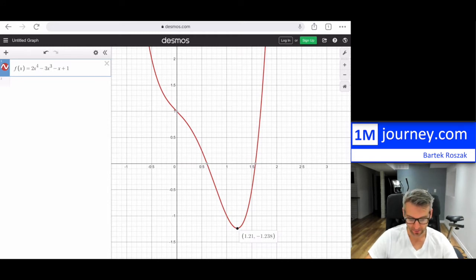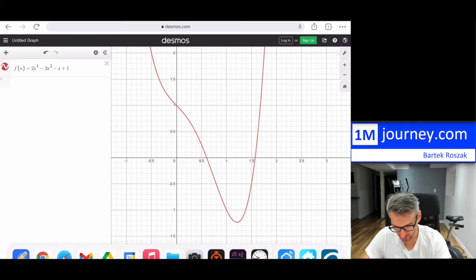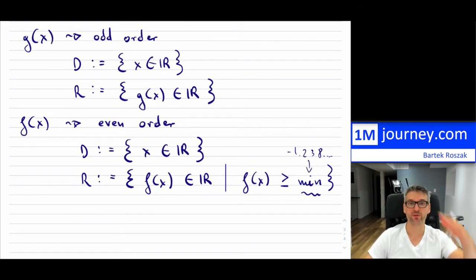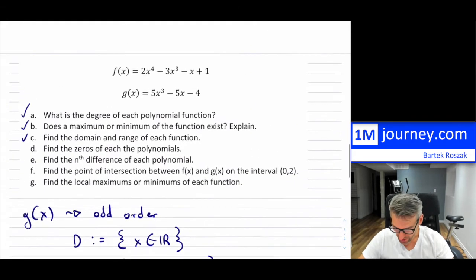But that's the minimum. It's negative 1.238, probably rounded, so don't forget that. That would have been your minimum value, and notice that your range is everything above it. All right, so that's C.